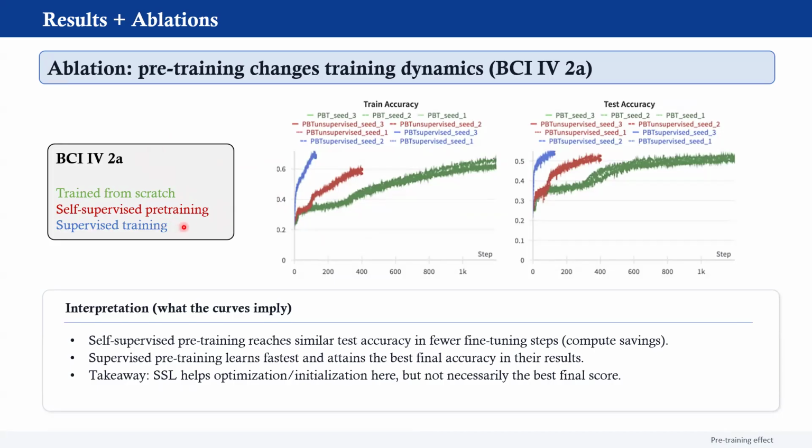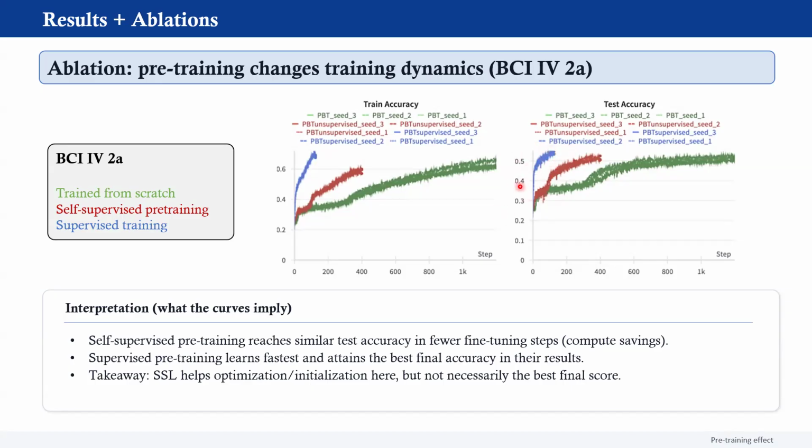So what they find essentially is that the self-supervised pre-training, if you look at the test accuracy, reaches a similar accuracy in fewer fine-tuning steps as compared to training from scratch, which is in green. And the supervised pre-training learns the fastest and attains the best accuracy for their results.